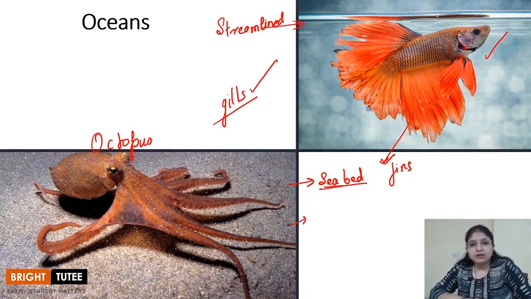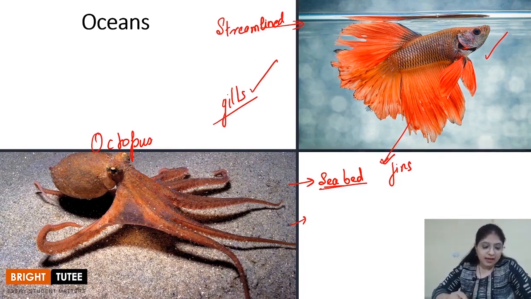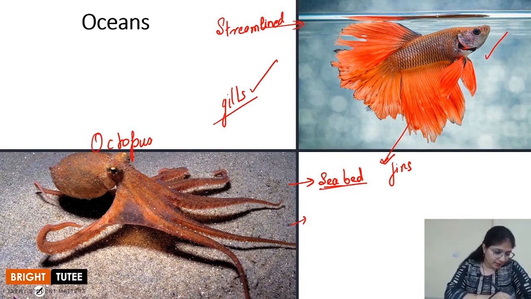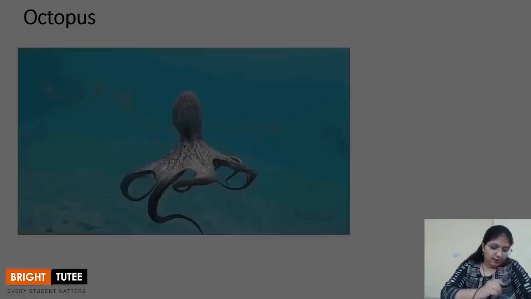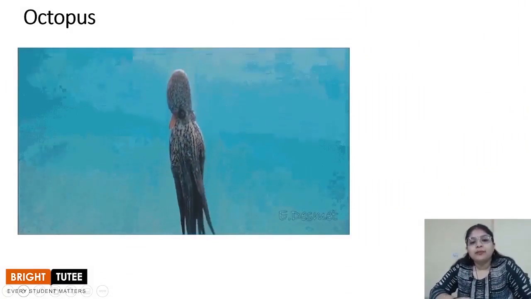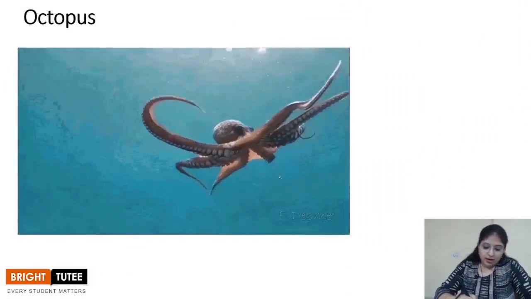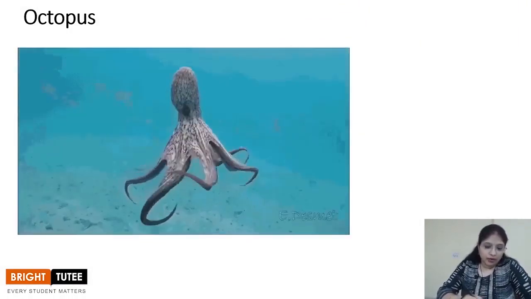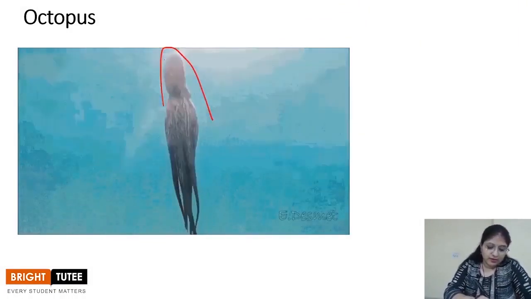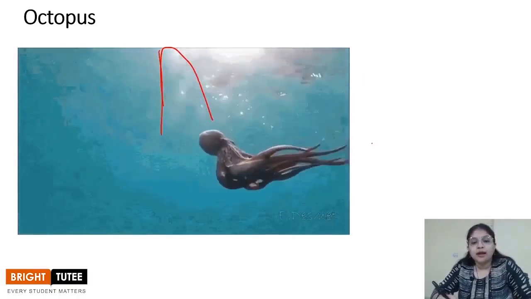Although an animal like the octopus is not streamlined, when these animals swim, you can see they swim in a streamlined fashion. Whenever they are swimming, they make their body streamlined. Like you can see, this body has now become streamlined, right?